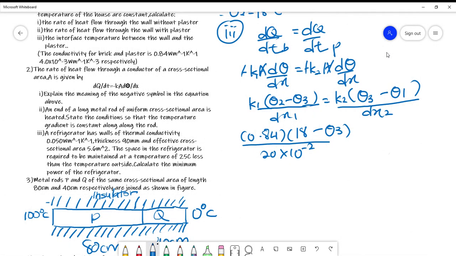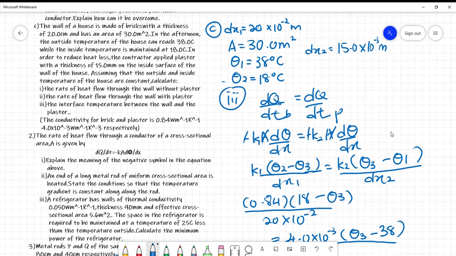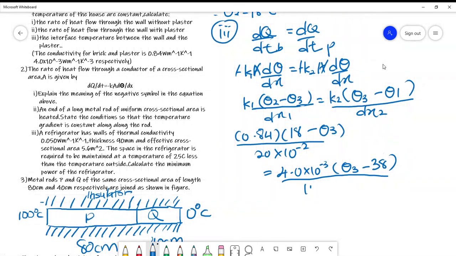This equals k2, and k2 basically is 4 times 10 to the power negative 3, times theta 3 minus theta 1. Theta 1 will be 38 degrees Celsius, divided by dx2, which is 15 times 10 to the power negative 3.